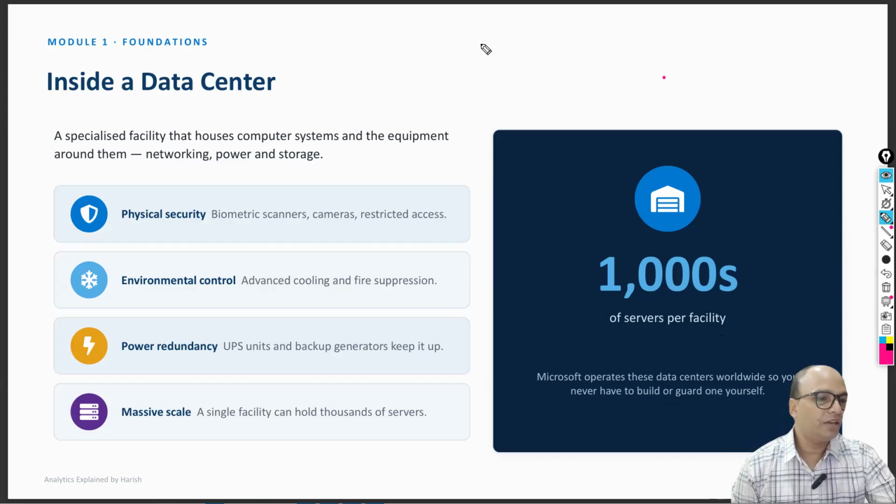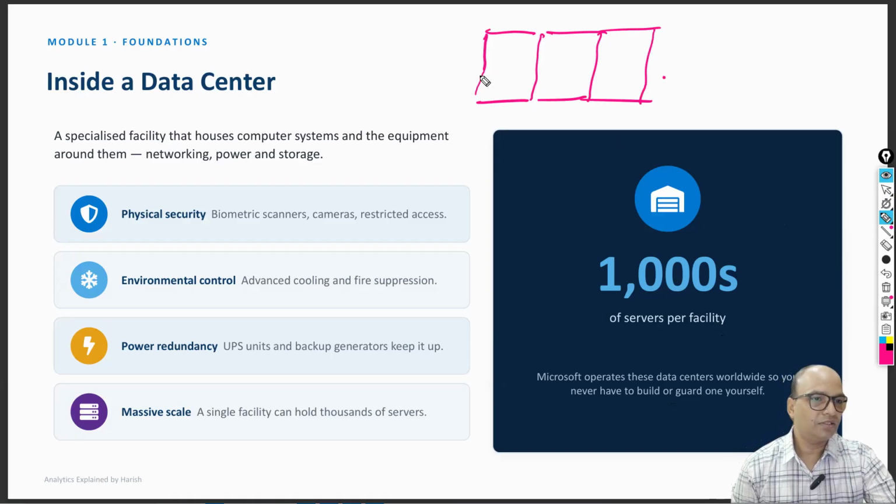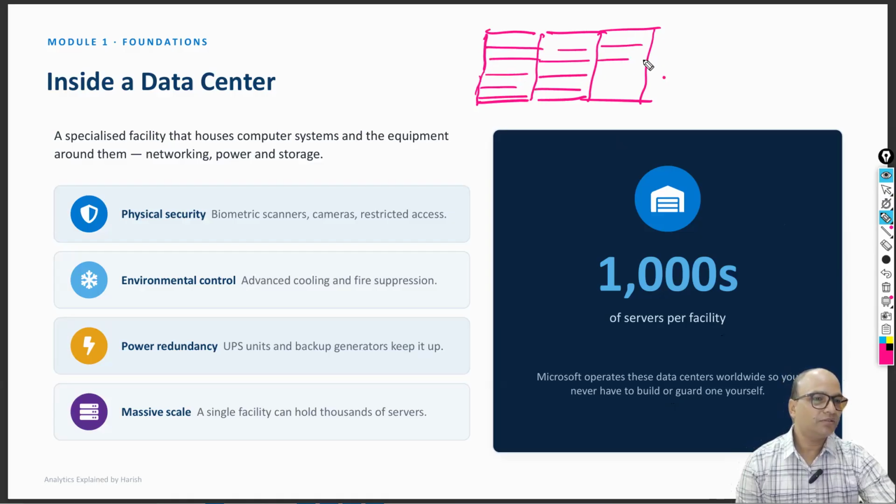Let's say that you have a rack, something like this. This is, you can say, the part of your building where you have different racks, placed horizontally, and here you have your servers.